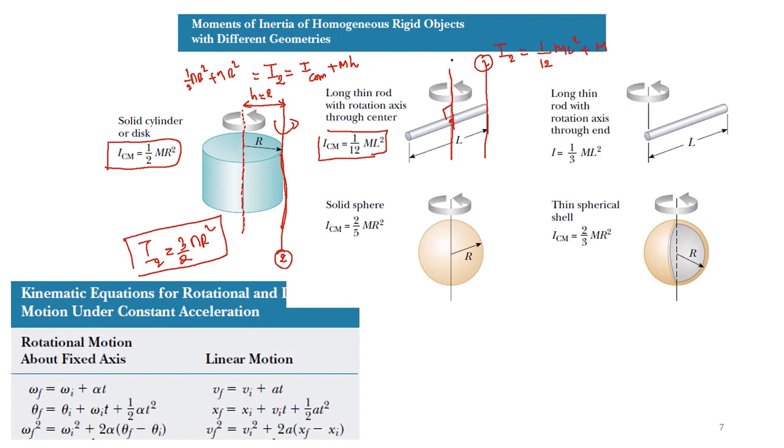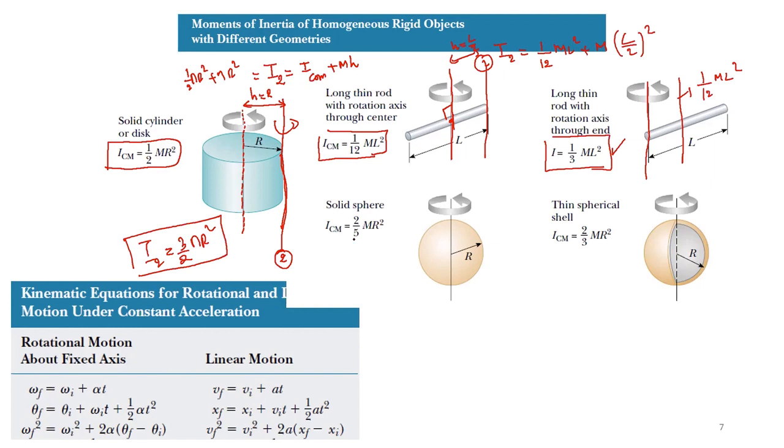But here h is equal to what? L divided by 2. So I will have L divided by 2 squared. If I do the calculation, I will find 1/3 of ml squared. Okay. When the axis of rotation is passing through the middle, where the center of mass is, it is 1/12 of ml squared. When it's passing through the end of the rod, one extremity of the rod, it is 1/3 of ml squared.